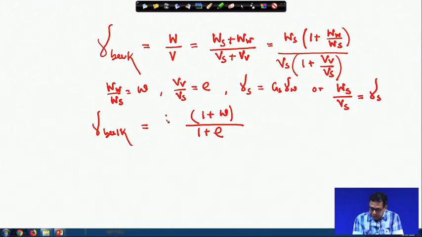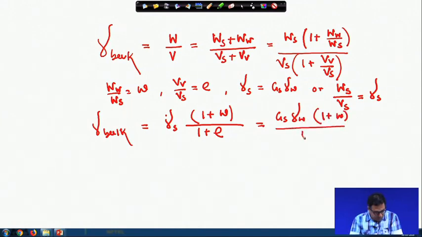So, from this expression I can write G s into gamma W into 1 plus W, divided by 1 plus E.